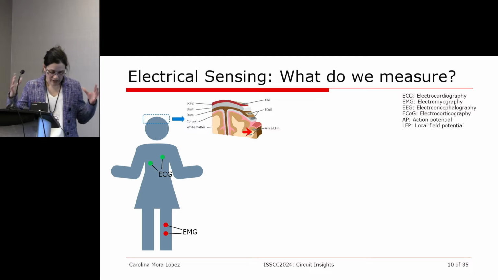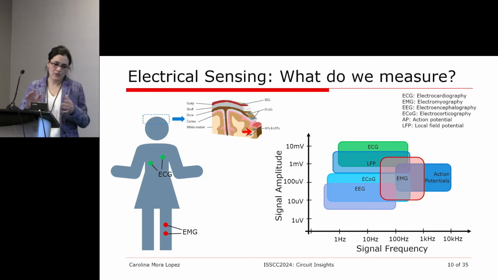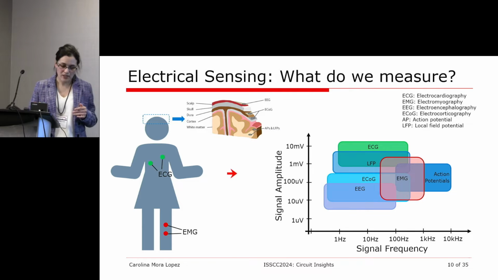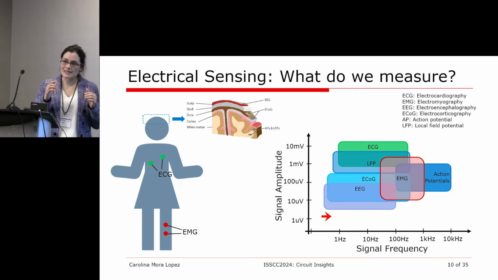When we look at all these signals, they have some differences, but also some similarities. And some of the properties that we can extract from them are shown in this plot. On the one side, it's very important to know what is the frequency component of these signals, and also what is the signal amplitude. So some of them will have a smaller amplitude, larger amplitudes, or lower frequencies, higher frequencies. But in general, these signals are actually very small.